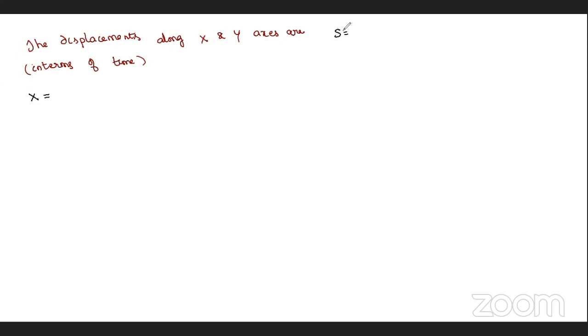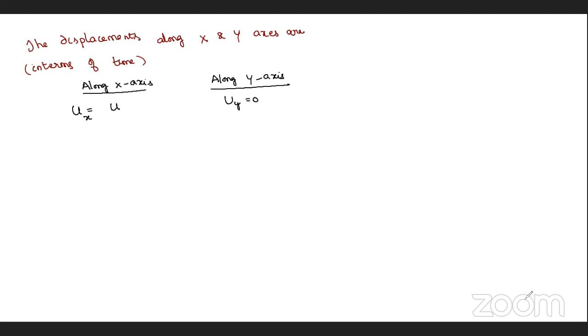Okay, if I write here in a table, you can understand very easily. Along x-axis and along y-axis. Along x-axis, u is equal to, in the previous page, we wrote it as u only along x-axis, and along y-axis in the previous page you wrote it as 0.